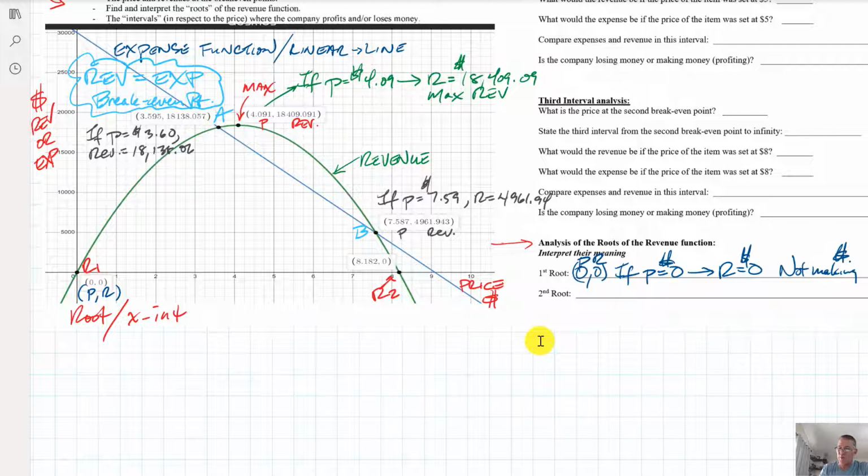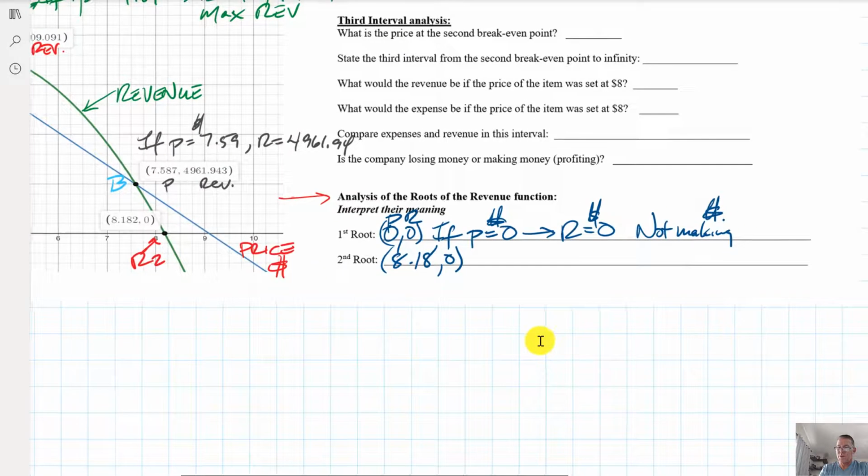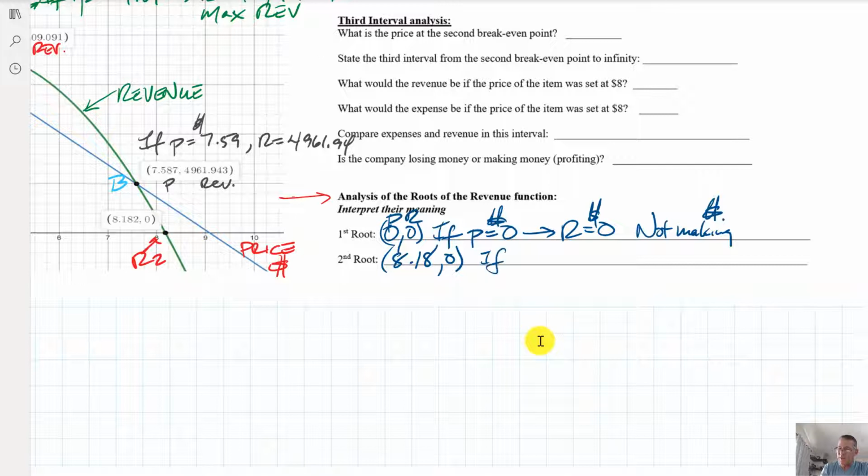Second root, if you price it at $8.18, this is the second root. Let's just zoom in here. If you set the price too high and you set it at $8.18, you're still not going to make money either.